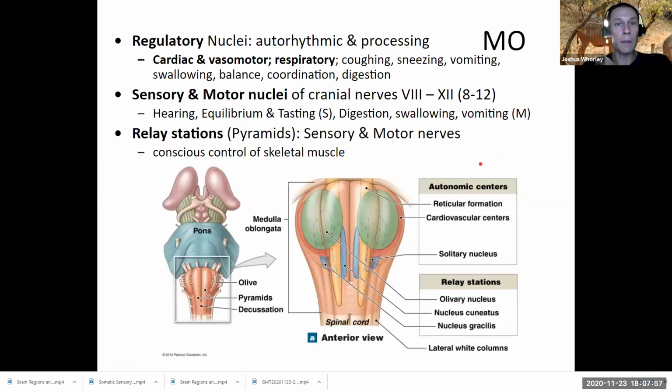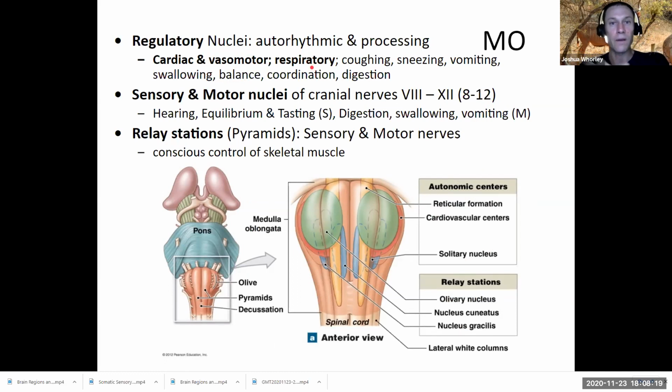So here's our medulla oblongata, lots of autonomic processing. So cardiac, heart rate. Vasomotor, that's how contracted or relaxed are your blood vessels, right? And serving which parts of your body, right? So this is important for shunting blood to one place in your body or another. Respiratory rate, how fast are you breathing?